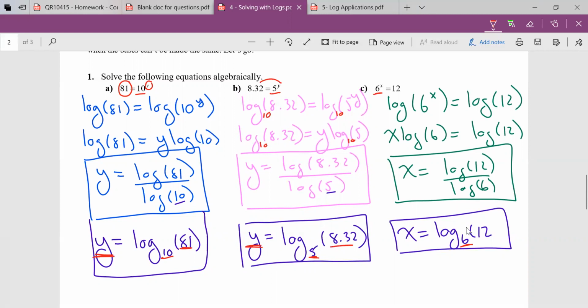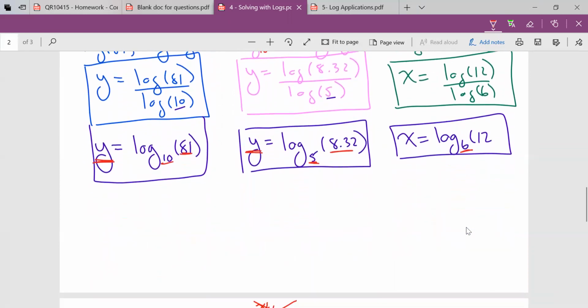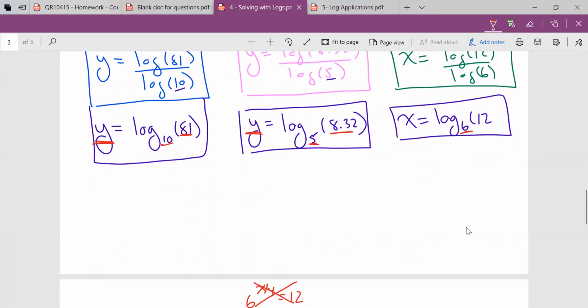The reason why these are switching is because an exponential and a log are inverses. When we say inverse, it means we can undo something. It means we're switching x and y. So what we've just developed, friends, is a shortcut. What we can do now is go right to these answers like this.